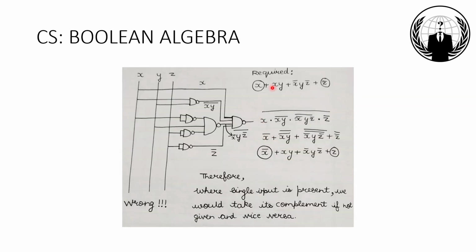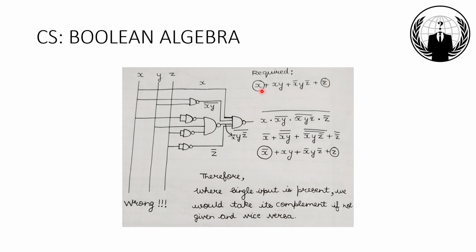Now the second question says that we require x plus xy plus x complement y into z complement plus z complement. If we are using x, we will directly transfer x, as there is no complement of it, so it will directly combine with the other terms. But after applying De Morgan's law, we will get the result as x complement, and here in this case z, and we required z complement and x.